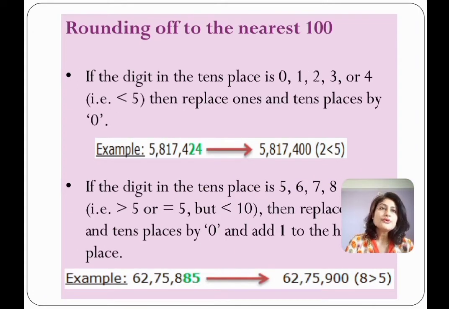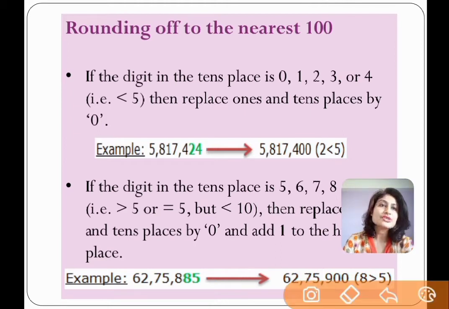Now round off to the nearest 100. First thing is, if the digit in the tens place is 0, 1, 2, 3 or 4, that means less than 5, then replace the ones and tens places by 0. So here you need to check the tens position. Whenever you round off to the nearest 100, you have to check the tens position. So what is here in the tens position in this example?